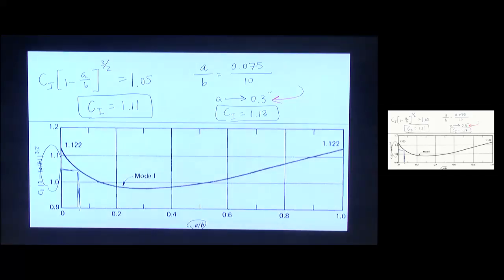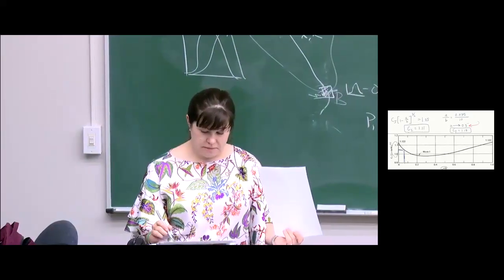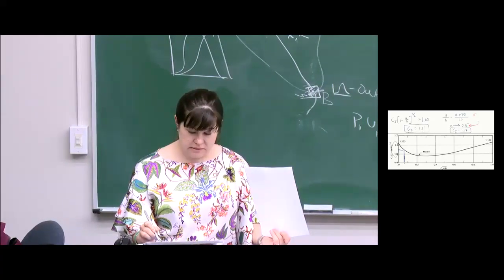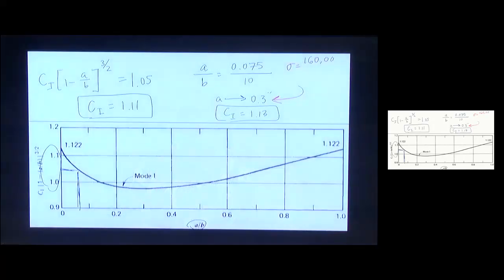So in this problem, they actually use the nominal value. They just use 10 instead of 10 minus 0.075. But the stress would increase, so you could tweak the equation to be a little bit more accurate. If you did the stress instead of 160,000, you could say the area would be 10 minus A times 0.5.